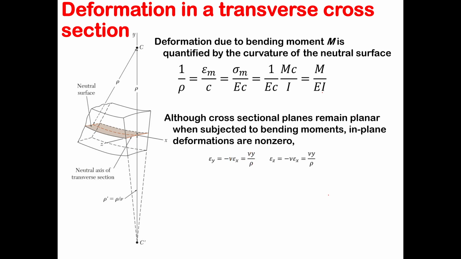So your equation is going to be epsilon of y is negative nu y over rho. Let's say we want to find the transverse strain epsilon of y at this location. This is going to be your y, right? But the curvature is your regular curvature, so you don't need to find rho prime, which is the curvature in the transverse direction, right?